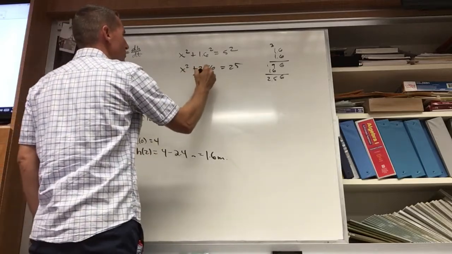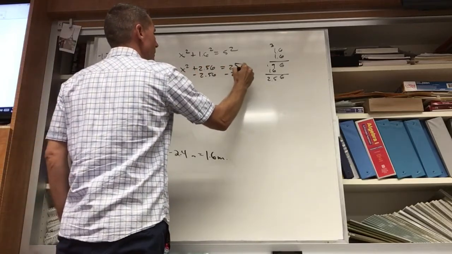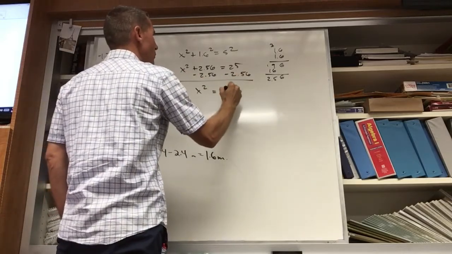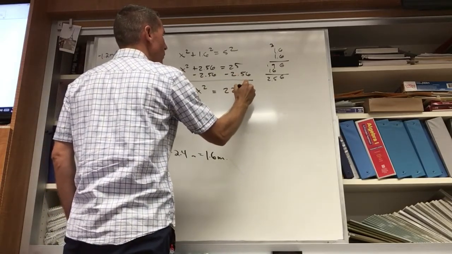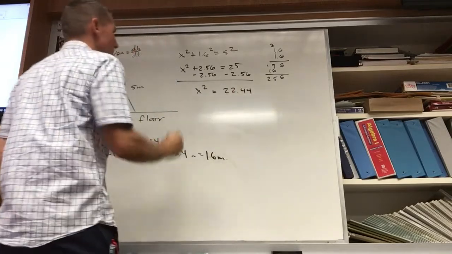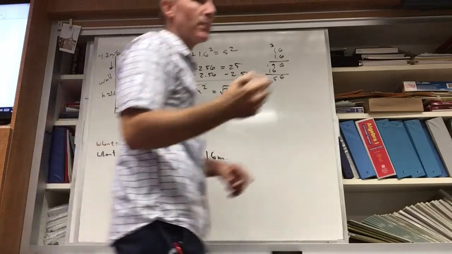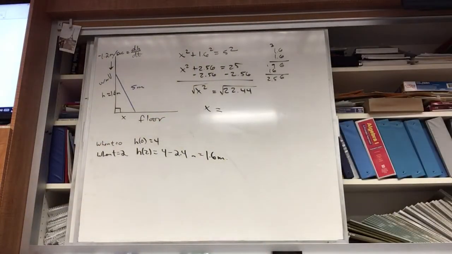So now I'm going to subtract 2.56 from both sides, and that leaves me with x squared equals 22.44. And so when I take the square root of both sides, I get that x is equal to plus or minus, but of course it's going to be the positive here. And of course I don't have a calculator.